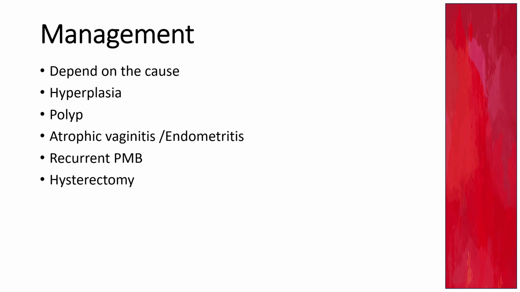Estrogen creams are available, like Premarin, or estradiol cream. It can be applied twice a week for 1 month. After 1 month it can be reduced to once a week and given for 3 months.